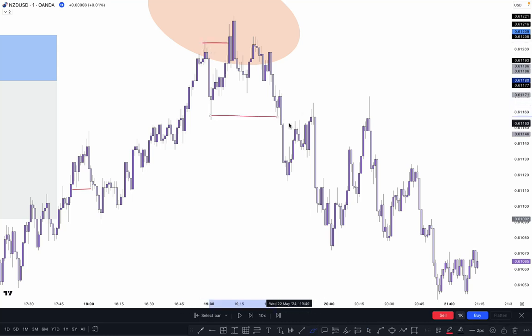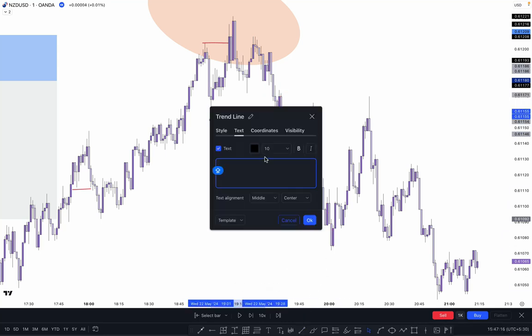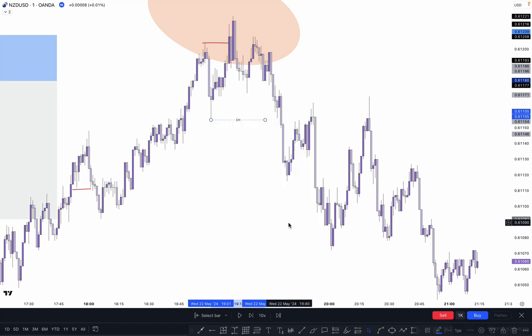and after the CHoCH, what are you looking for here? You need to wait for inducement. This is an inducement, but price has not taken out this inducement, and the market just creates this one here and again pushes downside. So when can we expect the next possible sell scenario? Okay, so this is a structure shift right here, and this one is called a CHoCH, and again we need to wait for inducement before the sell.